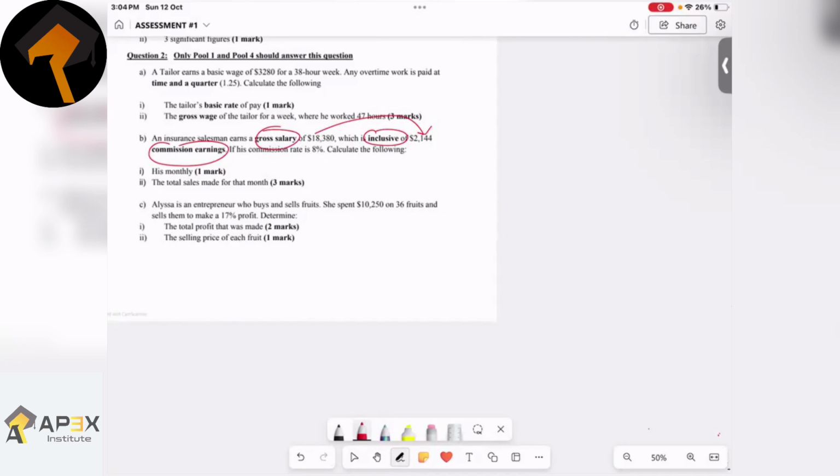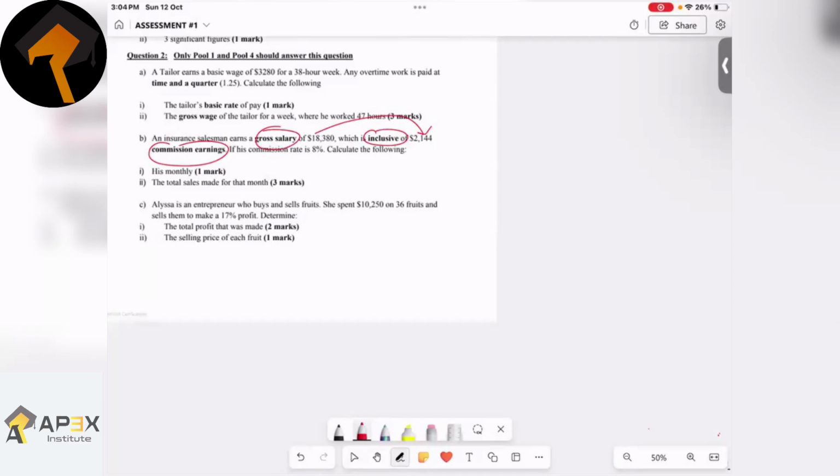It is inclusive. So with this sentence here, a salesman earns a gross salary of 18,380, which is inclusive of $2,144 for commission earnings. So this $2,144 is in the 18,380.